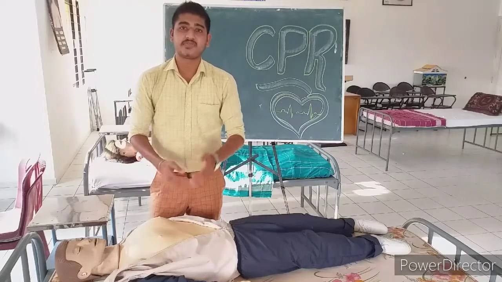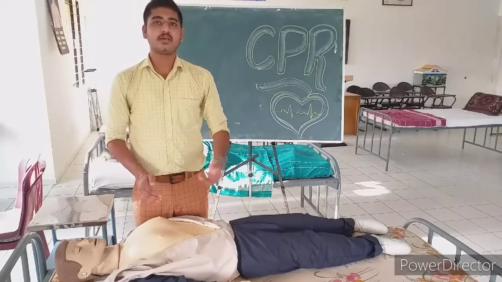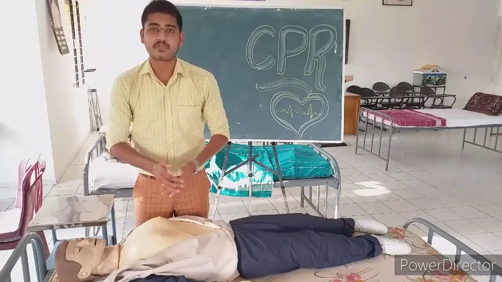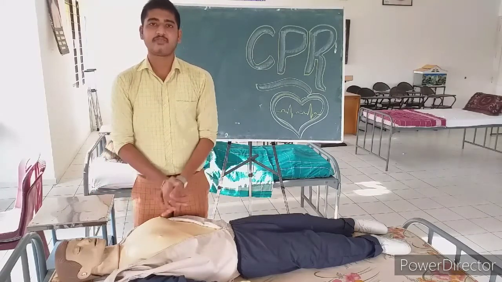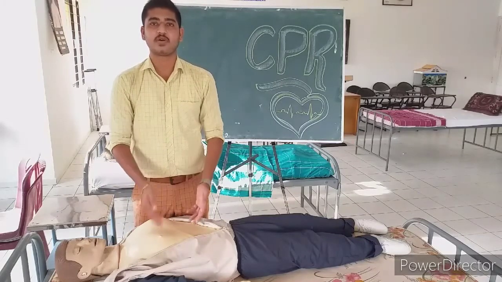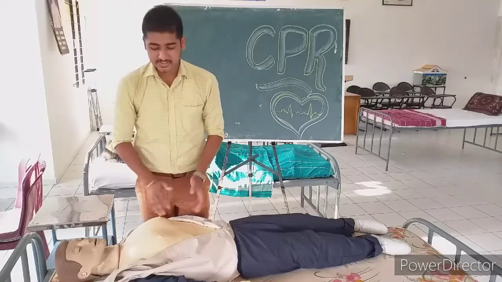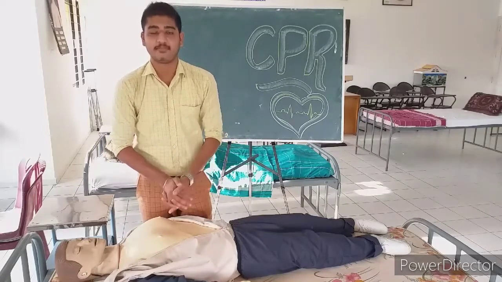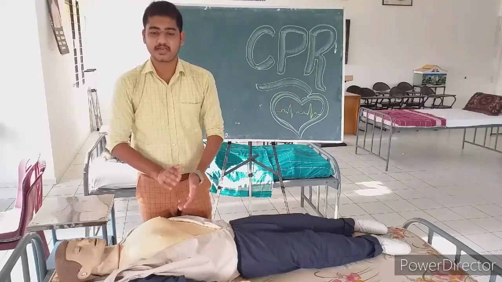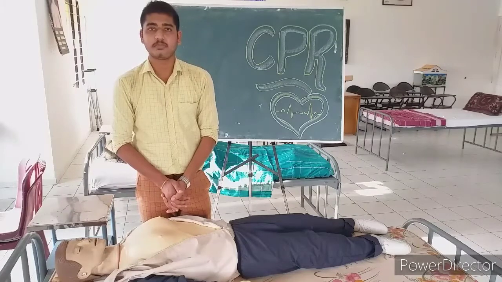Because if you are successful in saving the life, then you can recover from the rib fracture. But if you fracture the ribs and you stop out of fear, then the patient will lose their life. Then what do you do with the rib fracture? So that's why you must not get scared if there is any rib fracture. If you feel it, continue the CPR, continue the compressions and the breathing. 30:2, maintain the ratio for breaths.